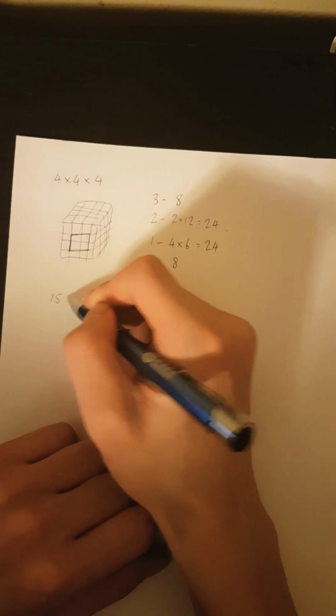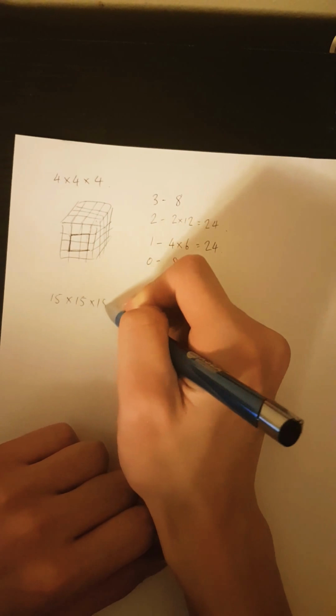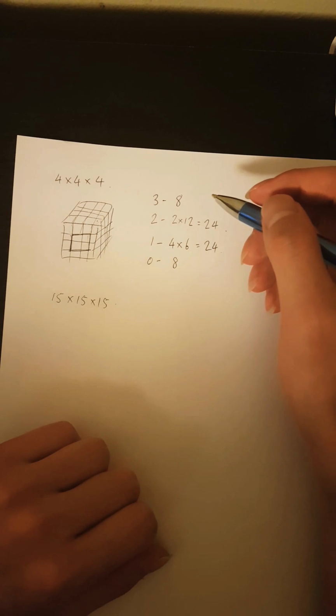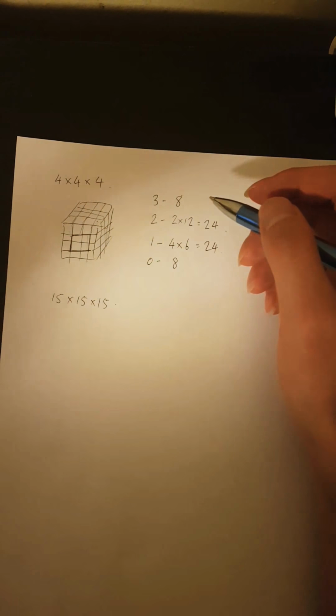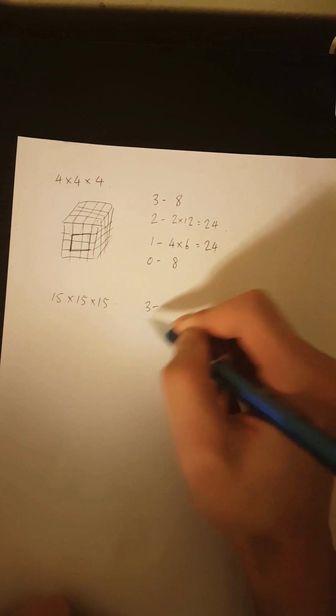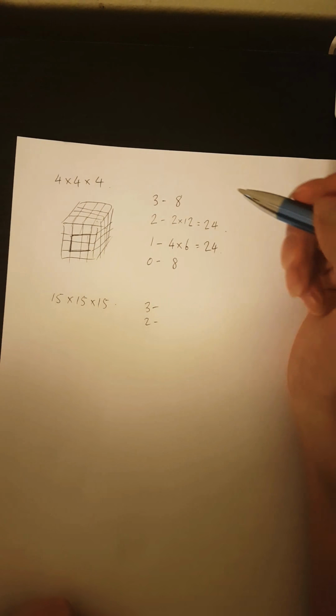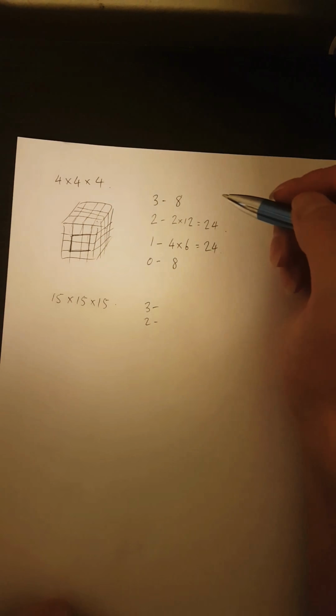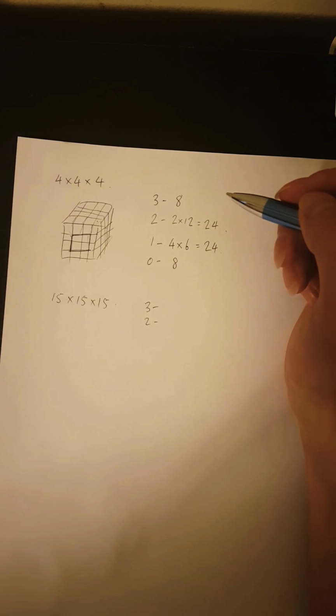We can try something similar for 15x15x15. And I'm definitely not going to draw this because, yeah, how many cubes are there? It's like thousands of cubes. So yeah, I'm definitely not going to draw it. I mean, if you're quarantined or self-isolating and you have time to spare, then definitely feel free to draw all, like, what exactly is this number? 15 times 15 times 15.